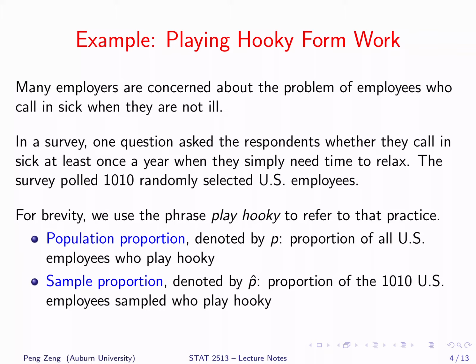In this problem, the population includes all US employees. The population proportion, denoted by P, is the proportion of all US employees who play hooky. The sample proportion, denoted by p hat, is the proportion of the 1,010 US employees sampled who play hooky. The sample proportion based on the sample of 1,010 employees provides a natural estimate of the population proportion.